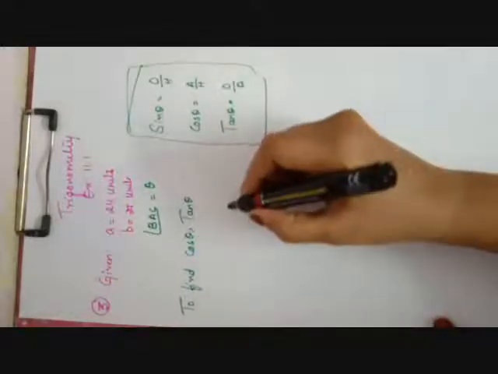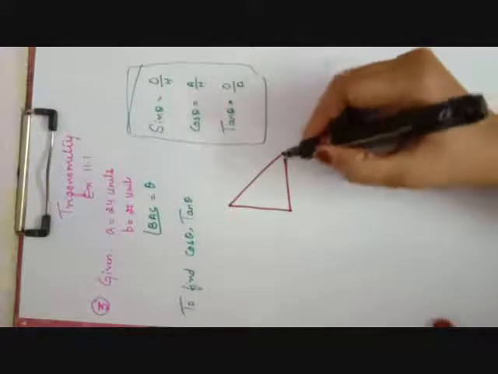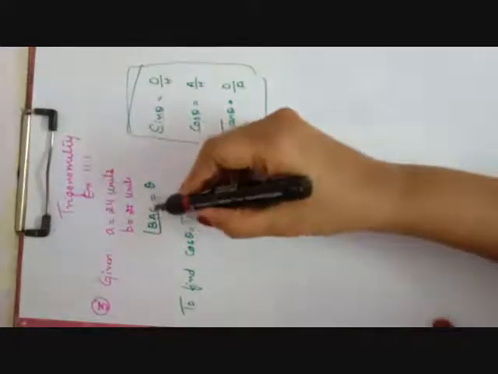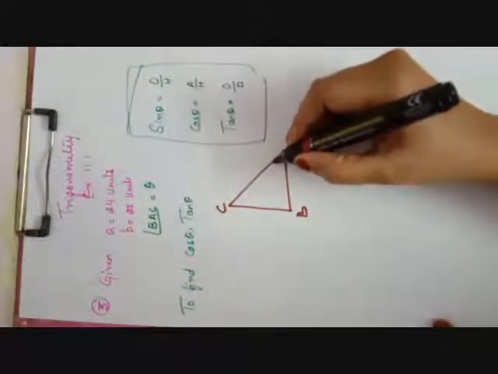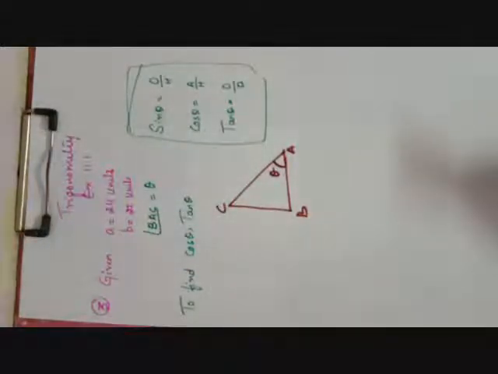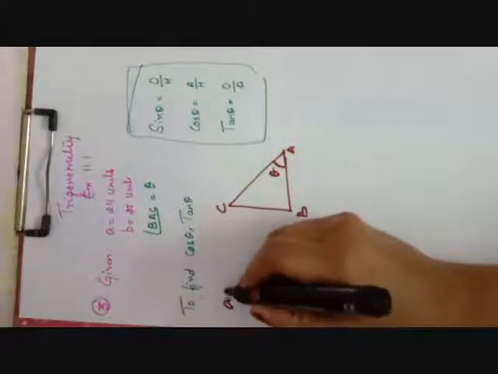First we draw the figure and label it A, B, C. Angle A is your theta. Small a is equal to 24 units.